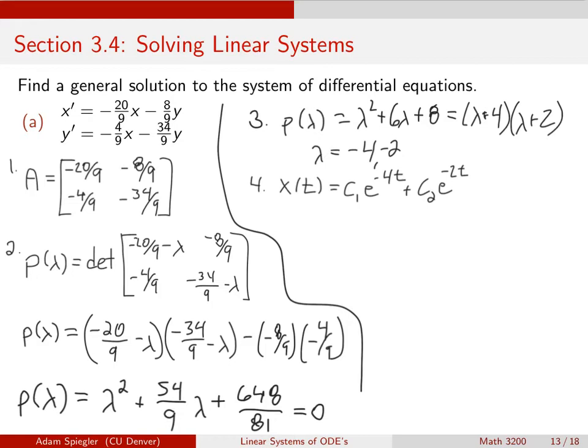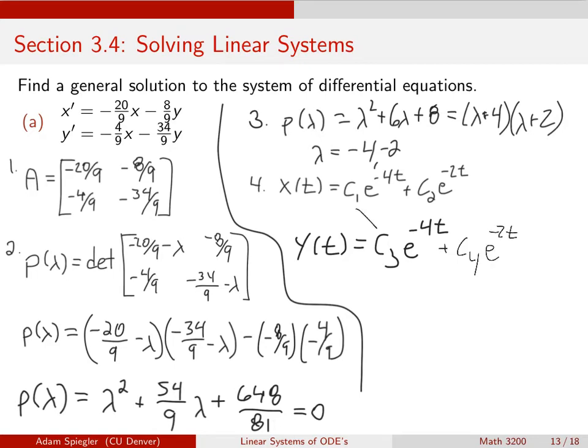And we would have a similar looking solution for y, which would namely be y of t is equal to c3 e to the minus 4t plus c4 e to the minus 2t.